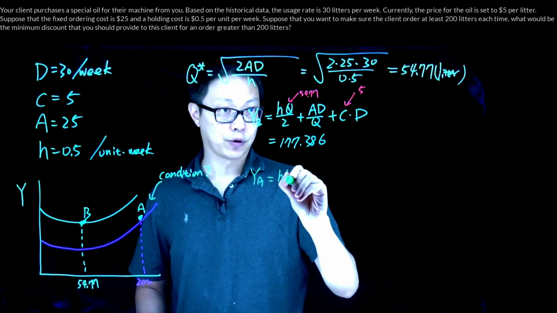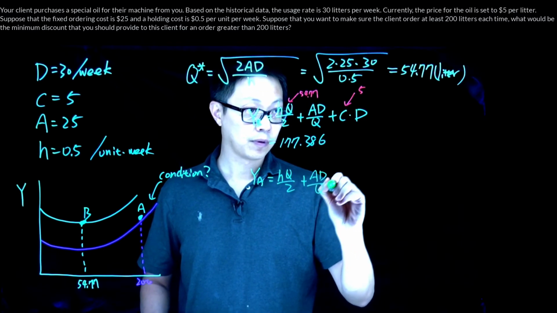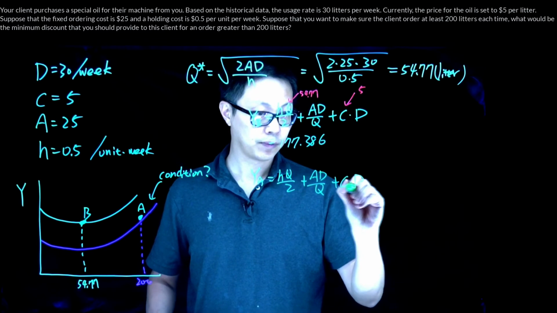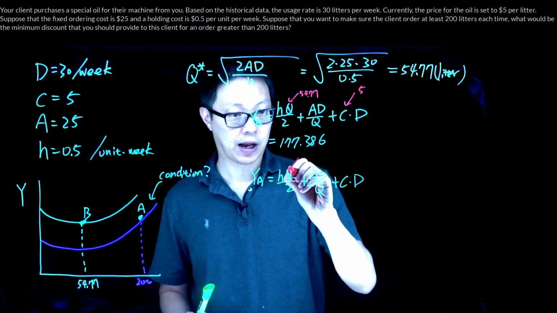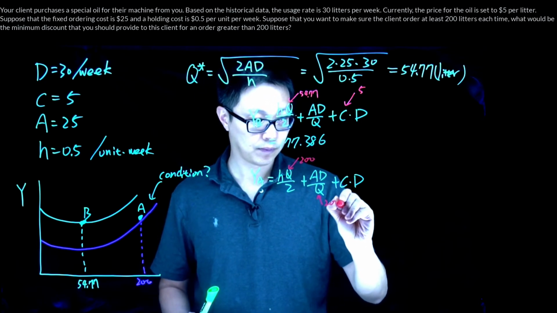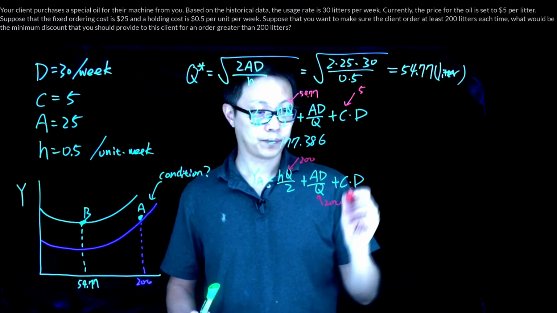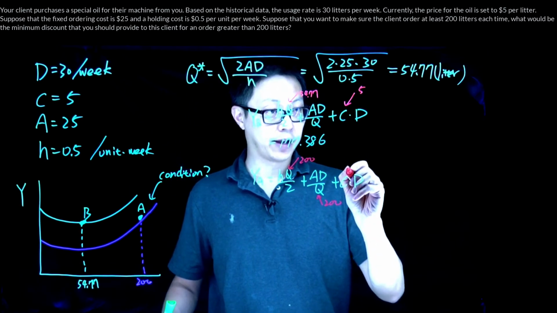Now, we also want to calculate YA, and the formulation will be identical. The difference is that Q now will be equal to 200, and C, we don't know C yet. That's what we want to find out, okay?